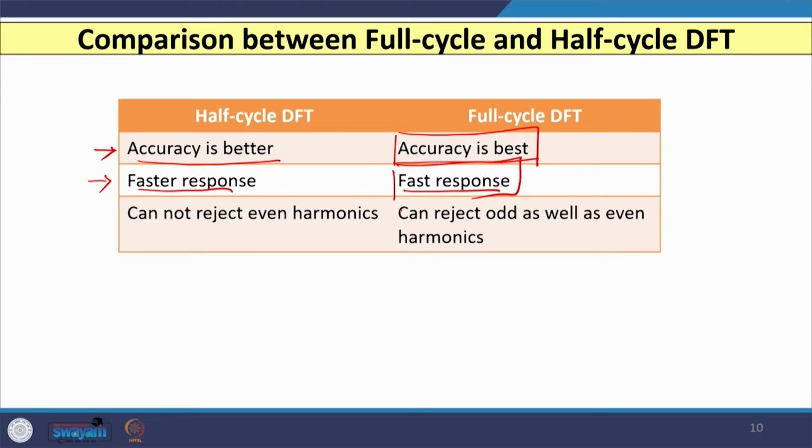So, its response time is a little slower than half cycle DFT. And the third important point is that half cycle DFT is not able to reject even harmonics, whereas full cycle DFT is capable of rejecting both odd as well as even harmonics. So, this is the important difference between the full cycle DFT and half cycle DFT.